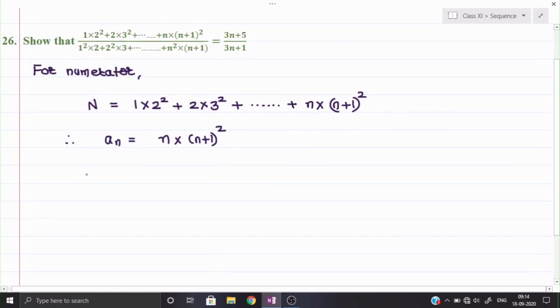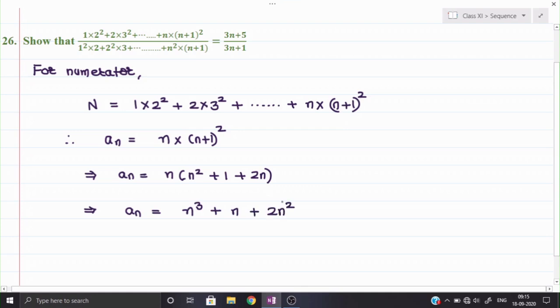Now we shall solve this nth term. So an will be equal to n into the bracket n square plus 1 plus 2n, expanded by the formula (a plus b) the whole square. Now we can multiply n inside. So an will be equal to n cube plus n plus 2n square.